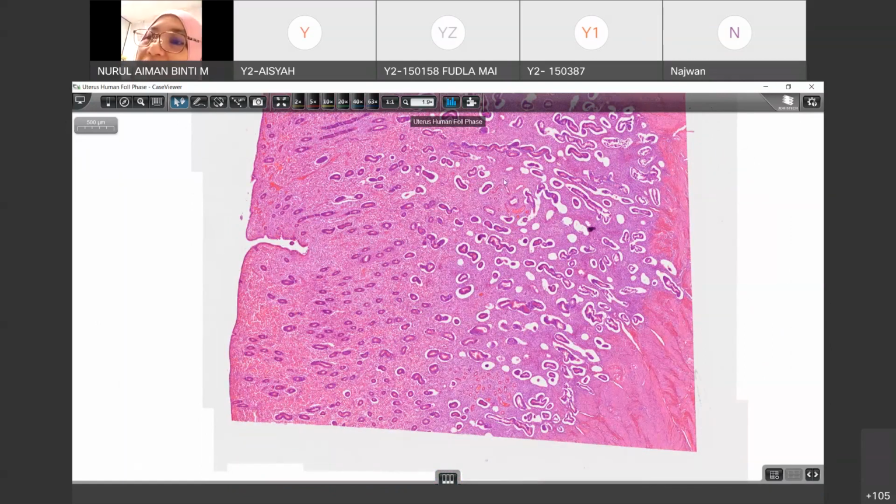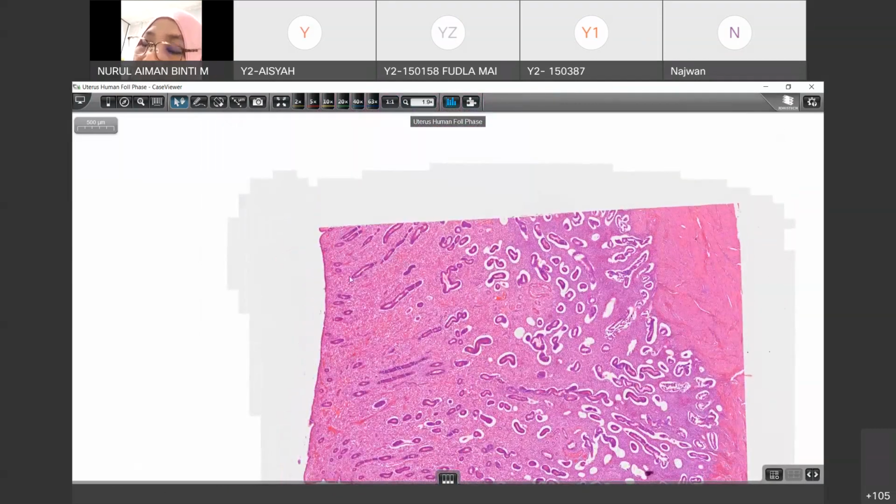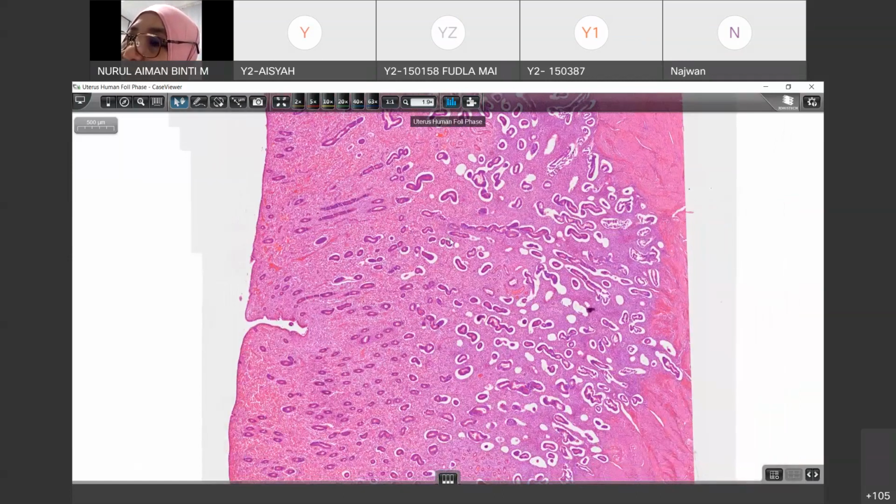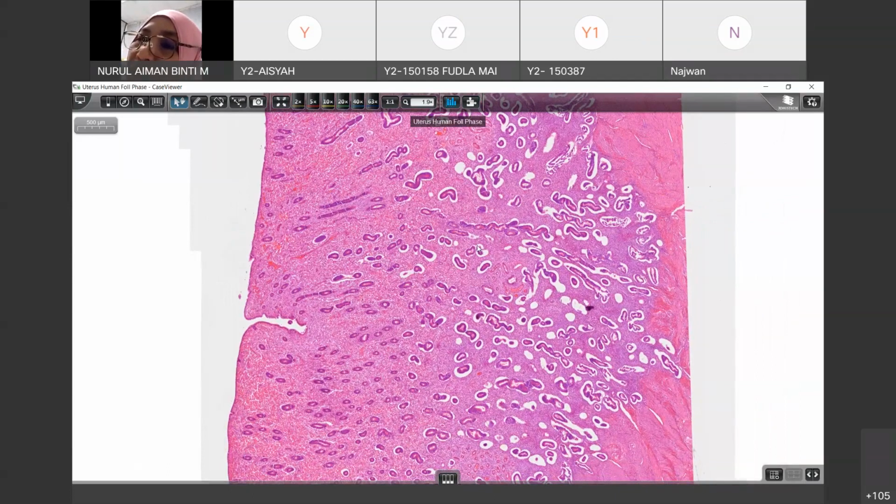The follicular phase has just started to thicken the endometrium wall. At this stage, the endometrial wall starts to repair, and you can only see endometrial glands that are straight, not yet zigzagged. If there is a zigzag appearance, it means the endometrial gland has developed into full thickness.